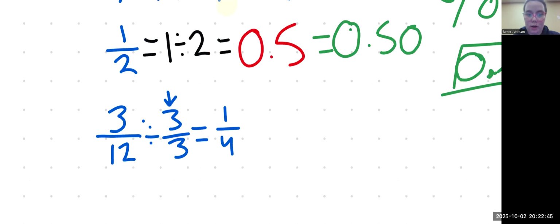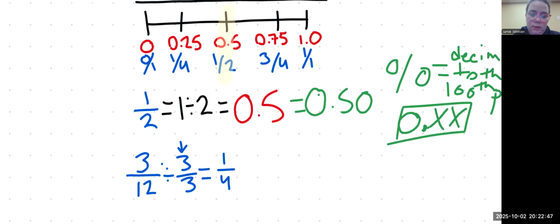We know that 1/4 of a foot is equal to 1 divided by 4. So 1 piece divided into 4 sections, which we know based on the little graph that we drew is 0.25.